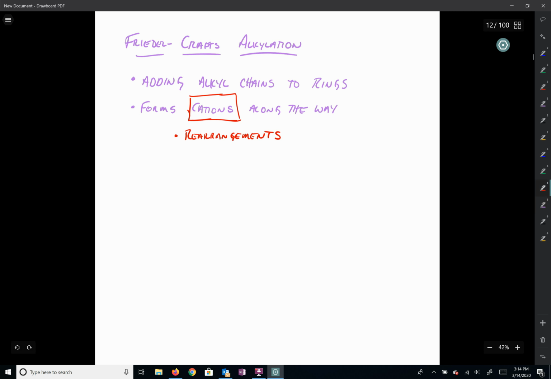Rearrangements, hydride shifts, alkyl shifts, all this kind of stuff can happen here. That is our limitation. If we can rearrange, we will rearrange. That's just the name of the game. That's how cations work. They're always going to go towards the lower energy state of the cation.